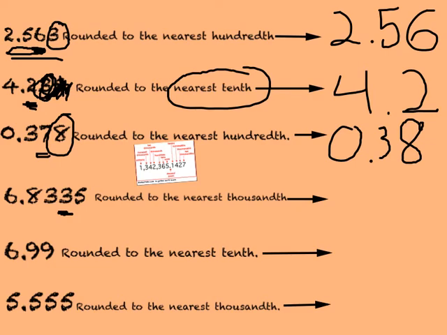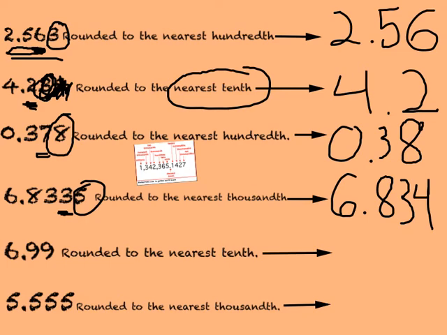I have 8 tenths, 3 in the hundredths place, and 3 in the thousandths place. I have a 5 next to the 3, so I know it's going to round up. So it rounds to 6.834.